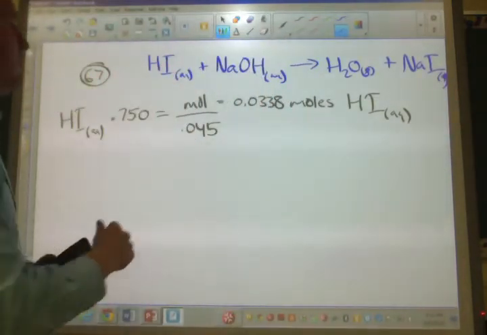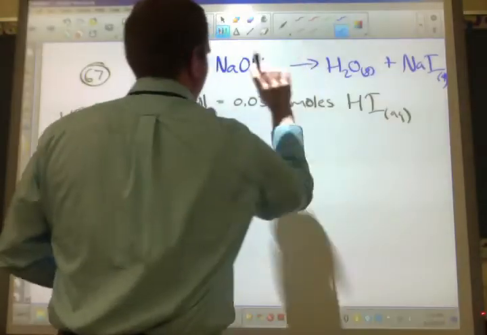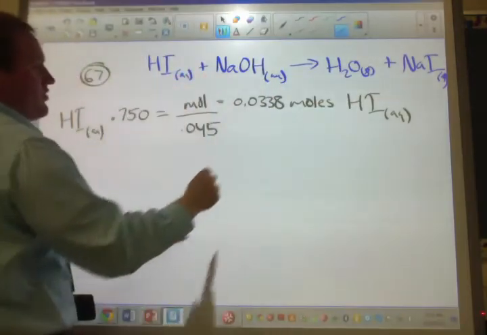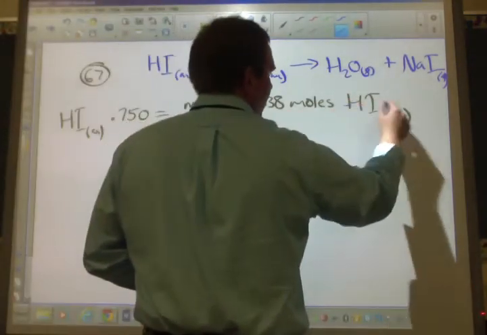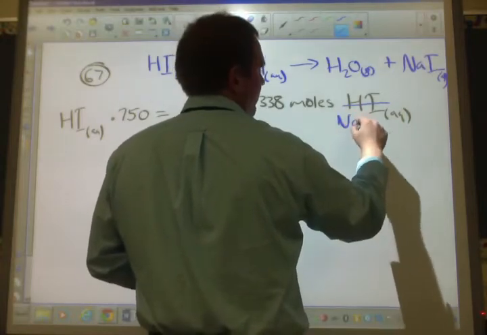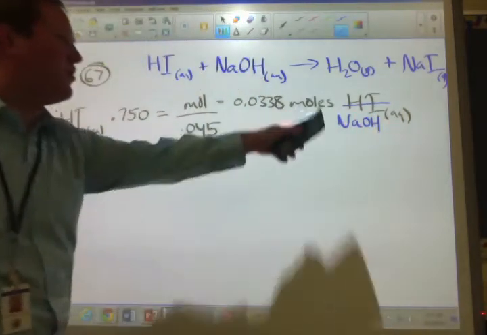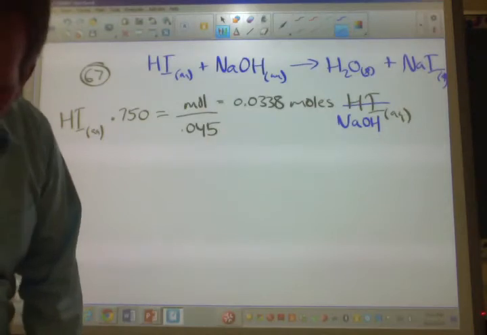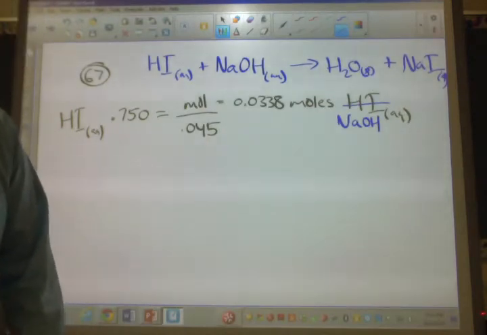And this is balanced. My mole ratio is 1 to 1. So that means that this many moles of HI also equals this many moles of NaOH. So now I know my moles of NaOH. I know my volume of NaOH from the problem. Let's find molarity.